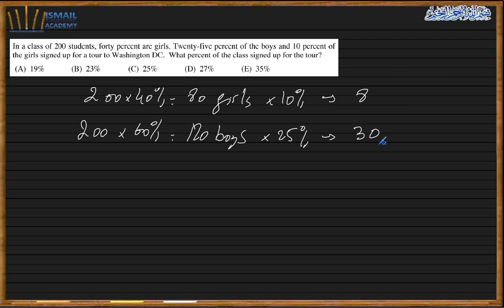So we have 30 boys and 8 girls signed up for this. That means the total is 38. So what percent of the class signs up for the tour? I get 38 over the total of the class, which is 200. If I divide by 2, I get 19 over 100.